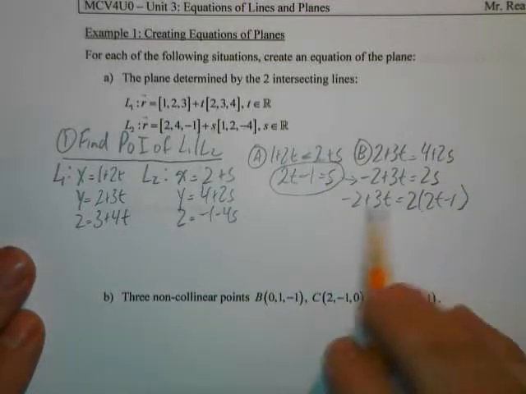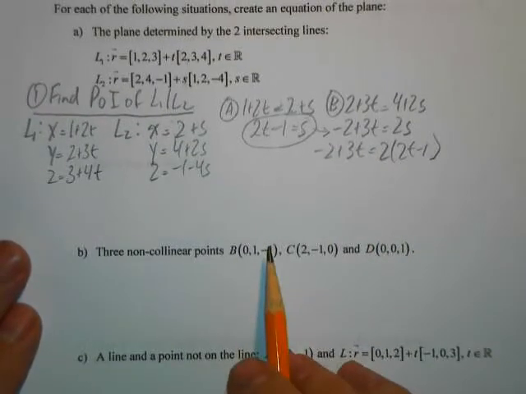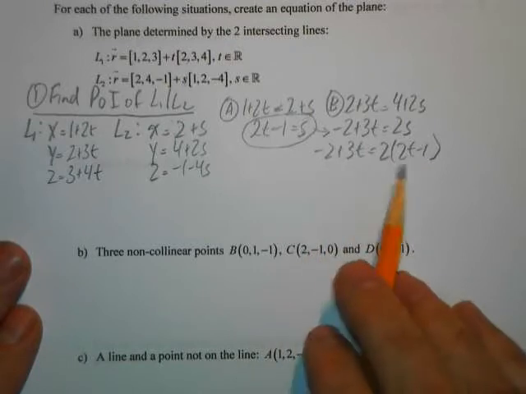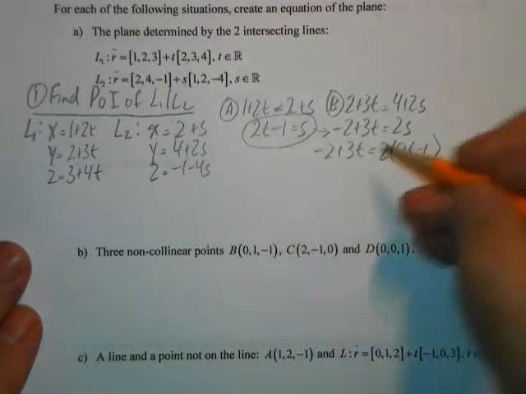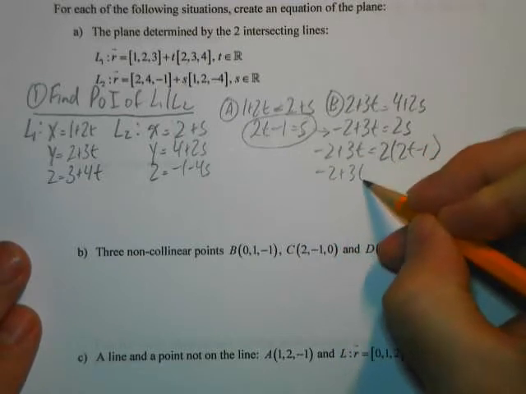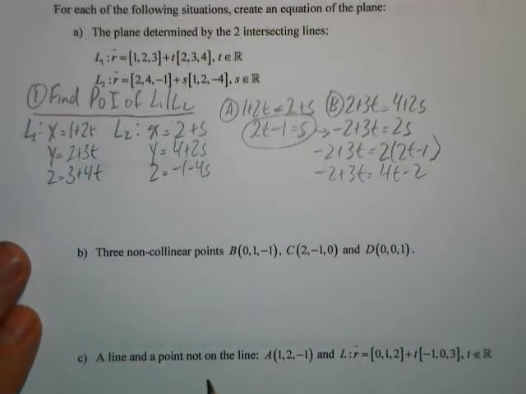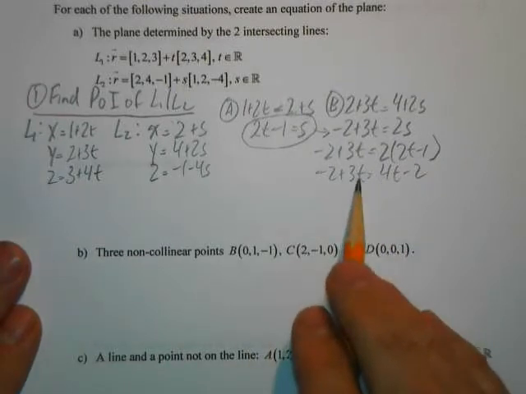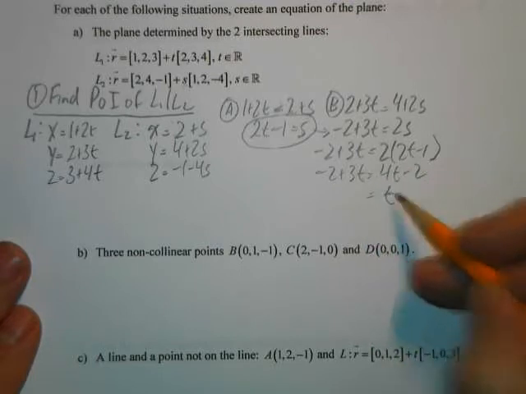And now you can see this is basically linear system solving by substitution. So I'm going to solve for t. I'm going to get negative 2 plus 3t is equal to 4t minus 2. And if I subtract 3t on both sides, I get a t over here.